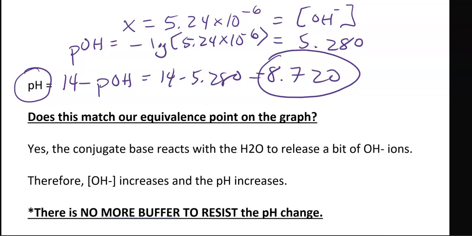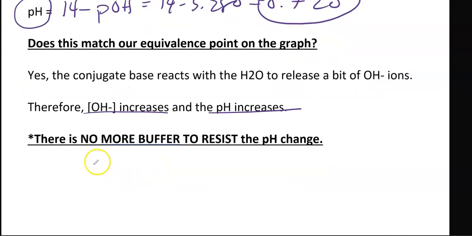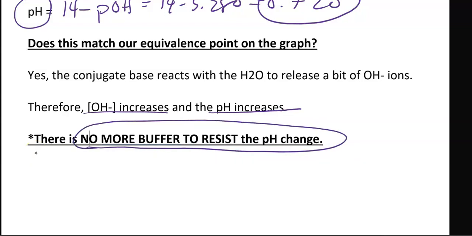So just keep that in mind. Right, our pH is going to be higher. Another thing that I want you to note is at this point you've added so much base that your buffer is no longer able to resist the pH change, and that's why you see it shoot straight up, you know, as we're at the equivalence point. Okay?